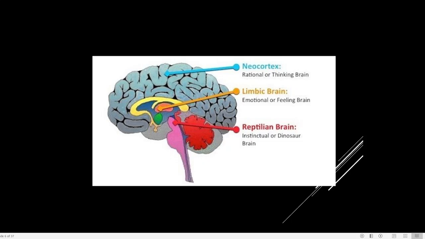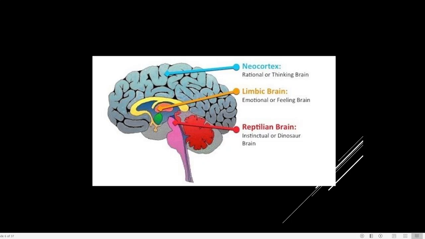And in the case of the lower brain, the reptilian brain, we have our instinctual or dinosaur brain. For example, when you are hungry, you go to eat food. That is an instinct. When somebody is attacking you, you are about to run. That is an instinct.